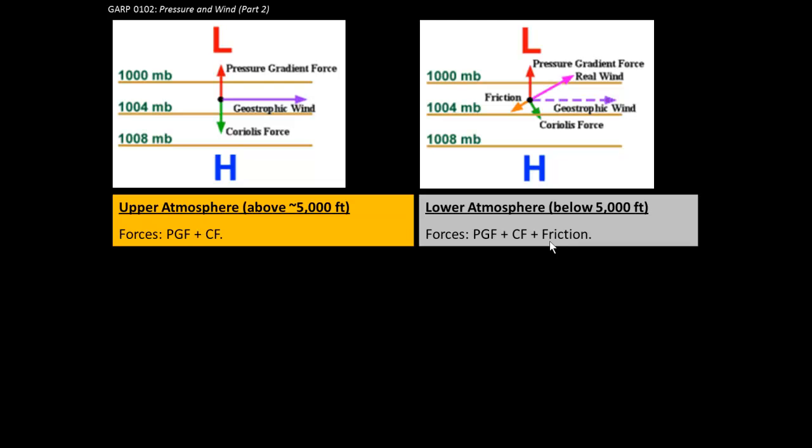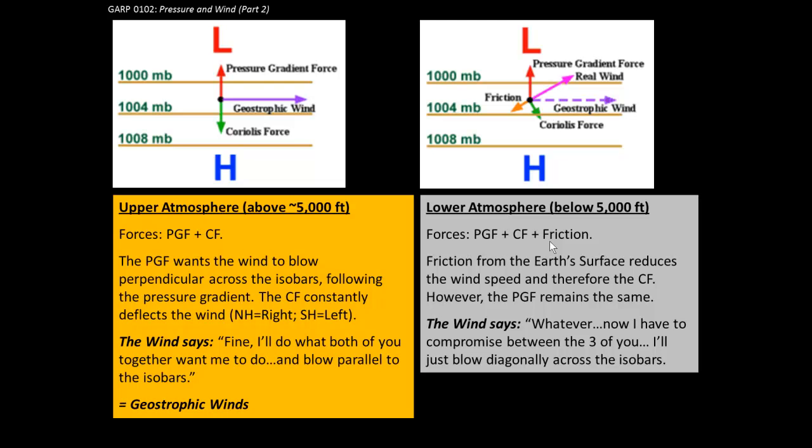Basically, what the wind has to do is to obey whatever forces are acting on it. In the upper atmosphere, you've got two forces, and the way the wind can handle that is by blowing parallel to the isobars. The wind that blows parallel to the isobars, we call geostrophic wind.